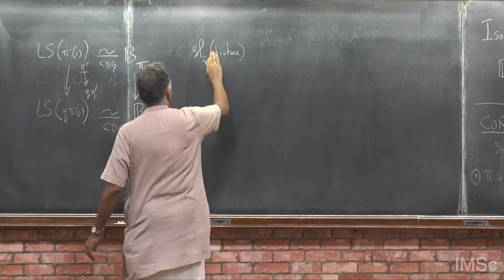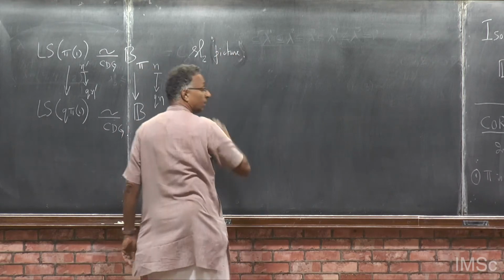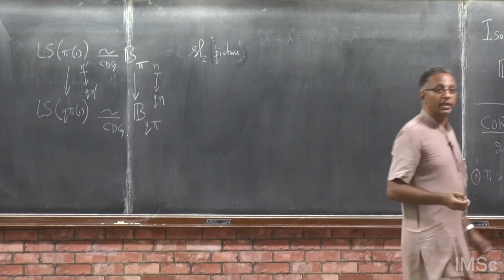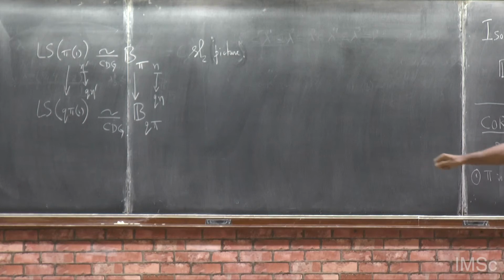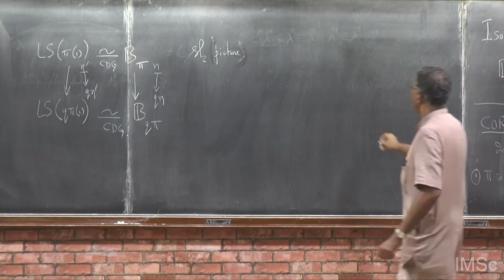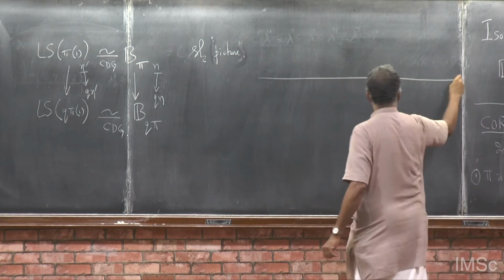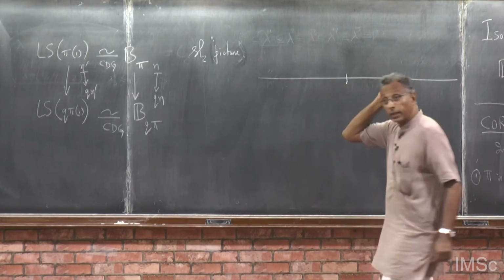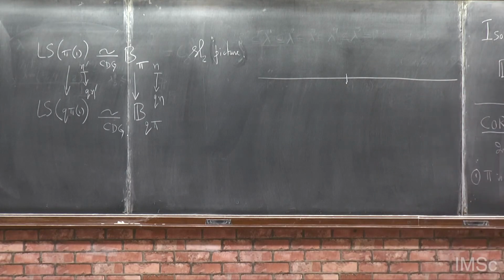The SL2 picture, with the standard conventions. You can identify H star with the real line, and the roots, the root lattice, with the even integers, the weight lattice with the integers.